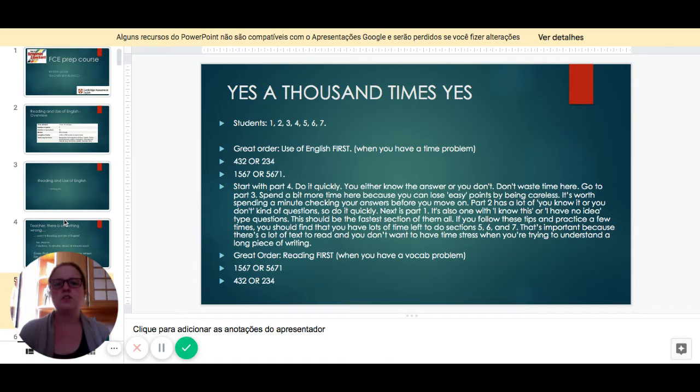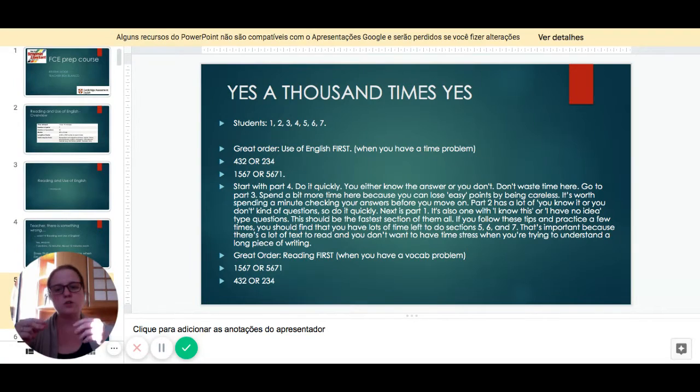All right. About the order, right now you should know already what order works best for you. This I will say many times, okay? But it's good for you to separate things. If you have a time problem, if the problem is timing, start with the use of English first, because you're going to spend time on reading.